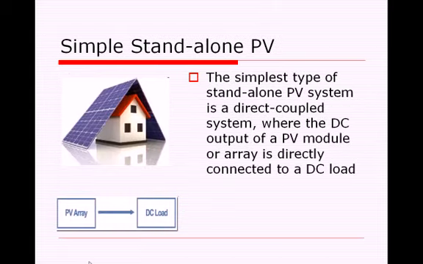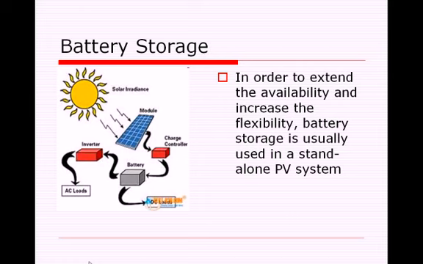The simplest type of standalone PV system is a direct coupled system where the DC output of a PV module or array is directly connected to the DC load. We can use battery storage to extend the availability and increase the flexibility.